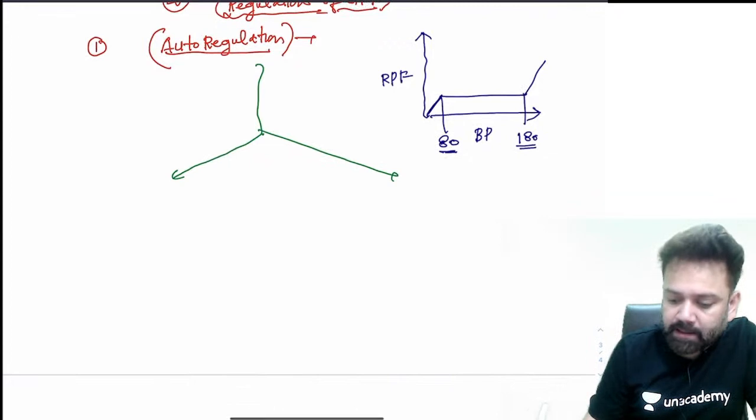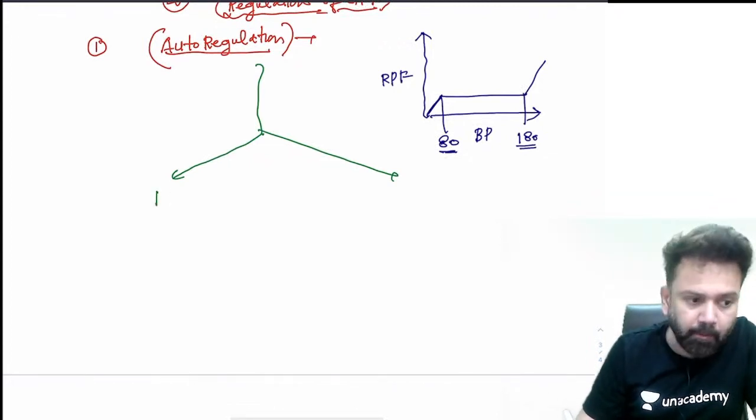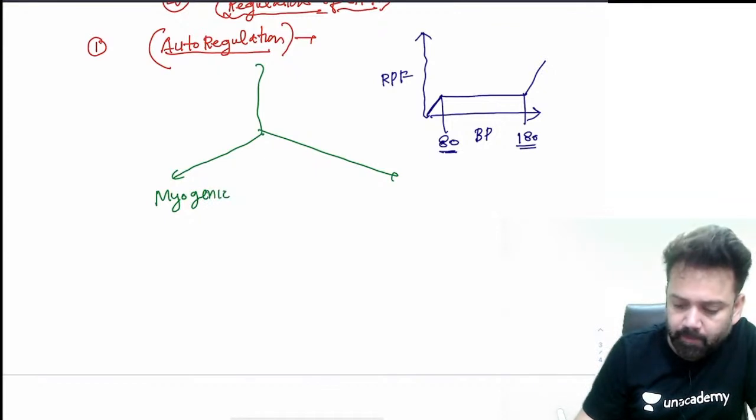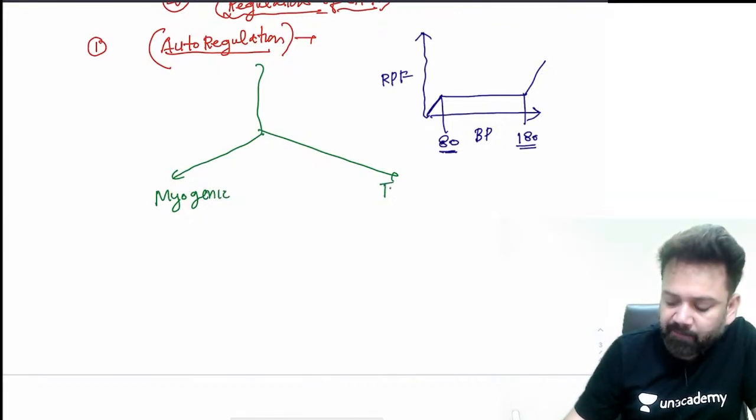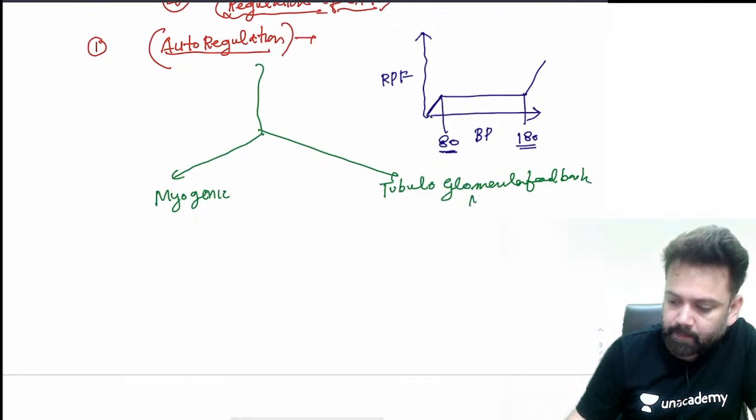One is called myogenic, the other is the very famous tubuloglomerular feedback mechanism.